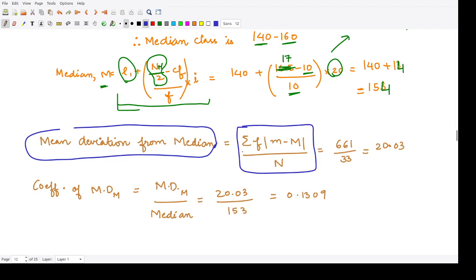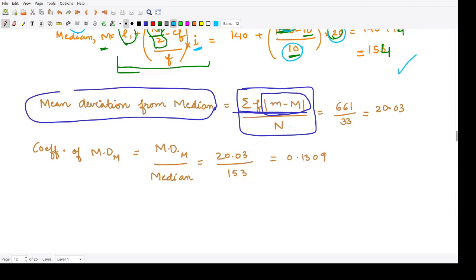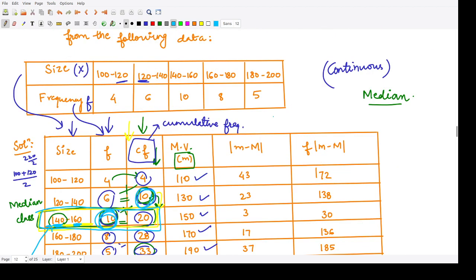For that we will first find this value. So next we calculate mean deviation from median. For calculating mean deviation from median, we calculate summation f modulus of m minus M, divided by capital N. So for this we will first calculate the modulus of m, the middle value, minus the value of median.